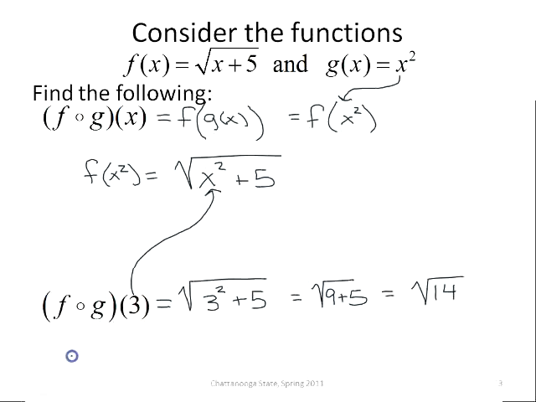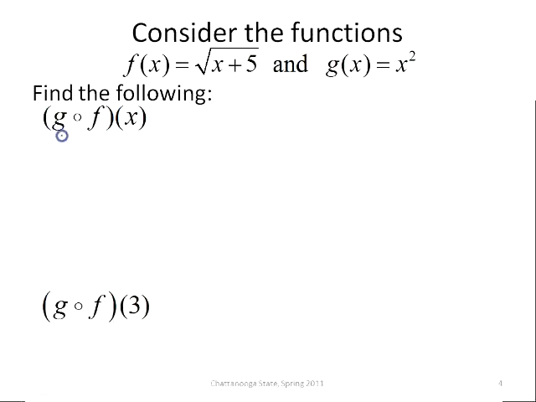I also could do the same functions, g composed with f. So this time I'm going to be putting the function f inside the function g. So everywhere I see an x in the function g, I'm going to replace it with the square root of x plus 5.